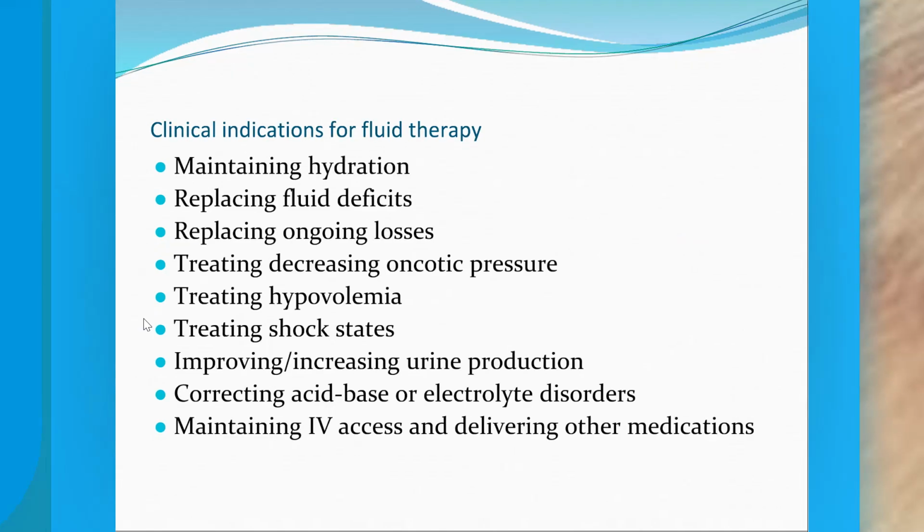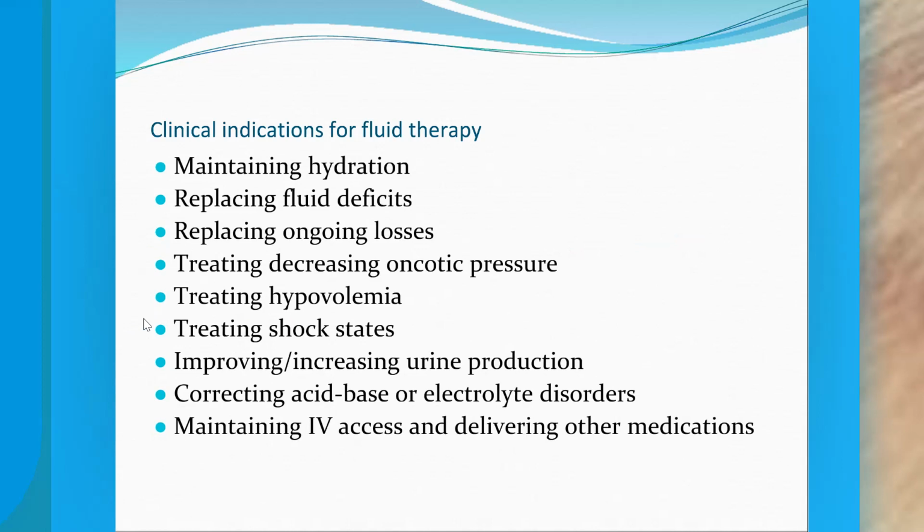So really, what are some things that we can do, right? We need to maintain hydration, replace that fluid deficit that they may have, and replace those ongoing losses. So we're going to learn those calculations of how to do that. So we have to maintain that hydration that they would be getting throughout the day, replacing any deficits.